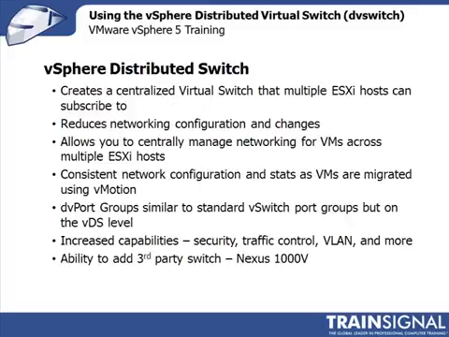Now, what the vNetwork Distributed Switch does is it takes the best of the standard switches and centralizes it. The problem with the standard switch is that it's isolated, limited to the ESX host that you're working on. So if you have 10 ESX hosts in your cluster, you have to take all the configurations you've done on the first one and replicate those changes across the other 9 in order to get a standard networking configuration, so that features like vMotion can work properly.